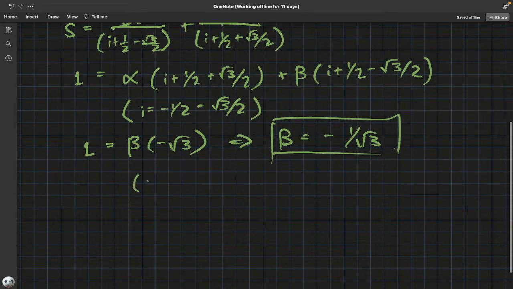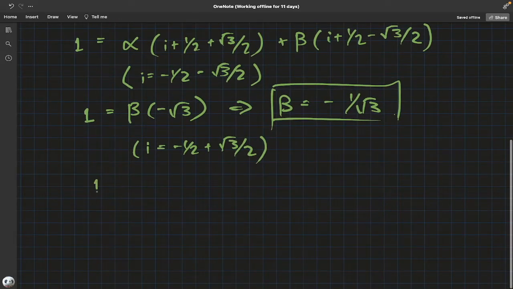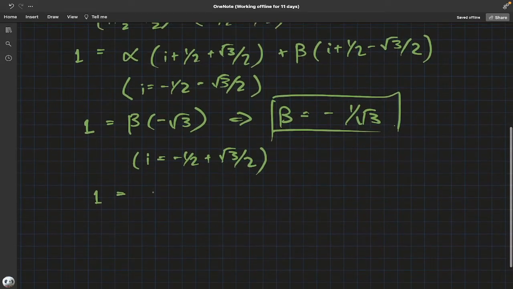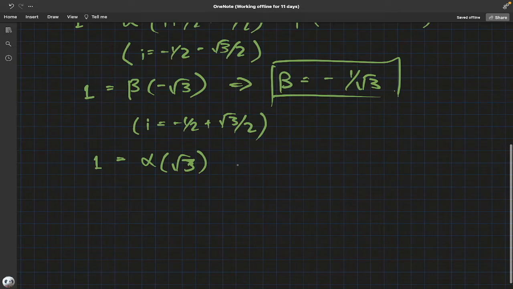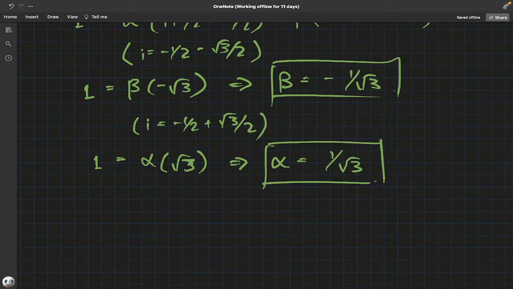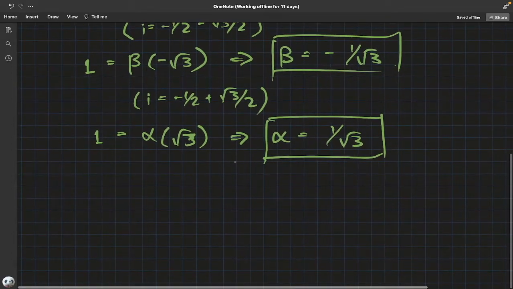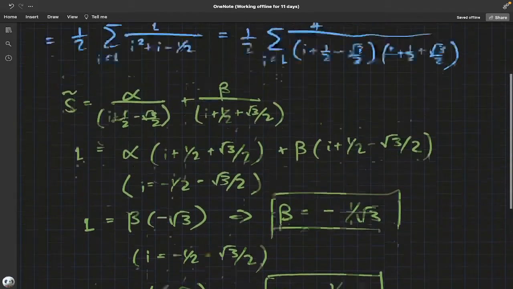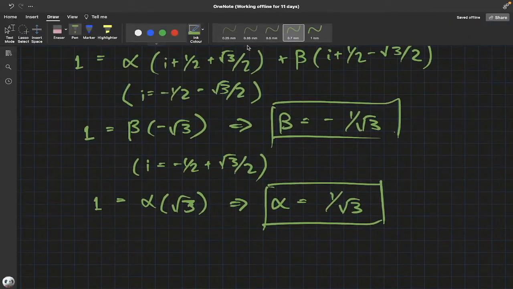For alpha, it's simple, really. You put the positive root in, so that way beta disappears, and alpha remains to be the square root of 3. So alpha is 1 over square root of 3. We have our partial fraction decomposition with us.